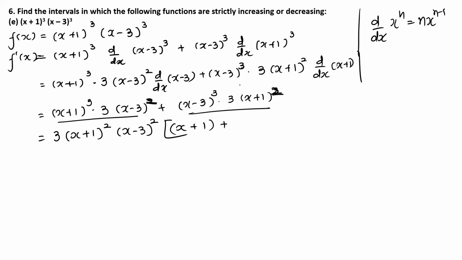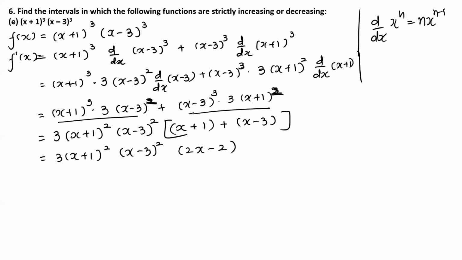Plus, in the second term we have x minus 3 the whole cube, the square is removed, and x minus 3 remained. Let's add them. So I'll get 3 into x plus 1 square, x minus 3 square, and x and x is 2x, so it is 2x minus 2.